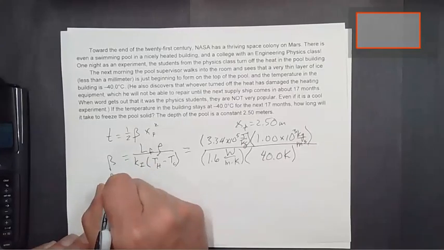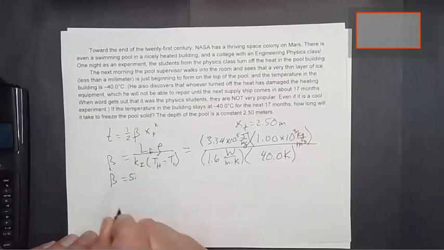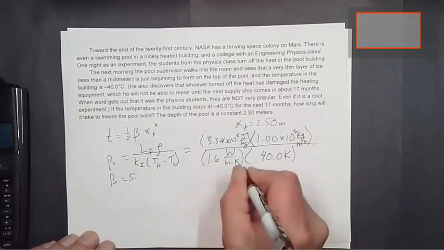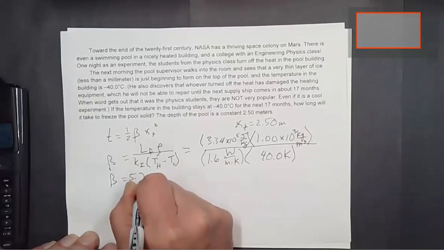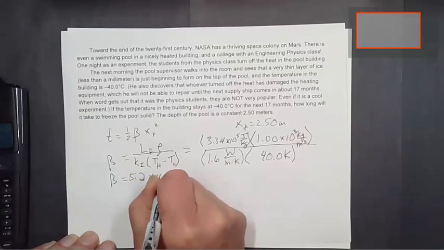Okay, beta is going to have a value of, well, we got 2 sig figs, 5.2 times 10 to the 6.